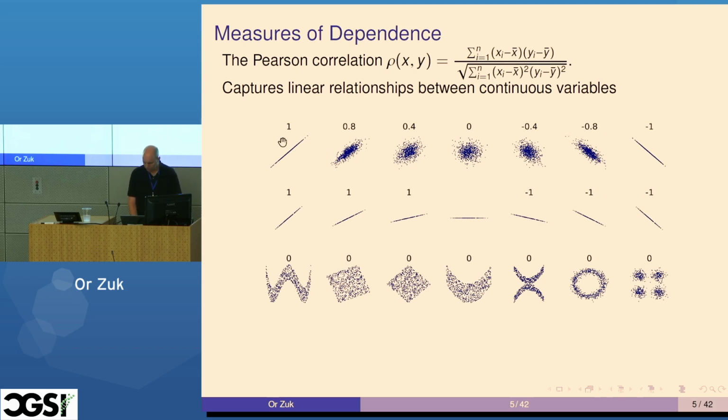On the first row, we see dependent data, but you see different strengths of dependence, right? As you move towards the middle, you have more and more noise. So just an exercise, to see that you're with me. On the first row, which distribution or sample looks like it's independent? Most of them are dependent, just one is independent.